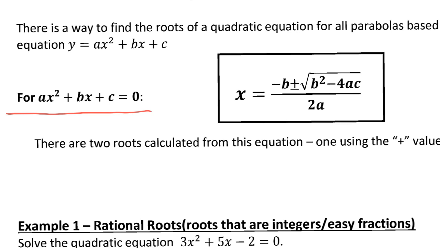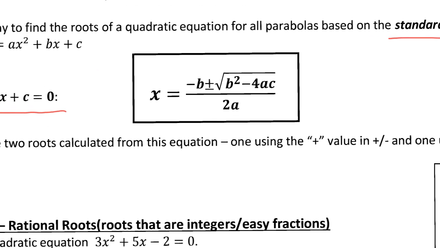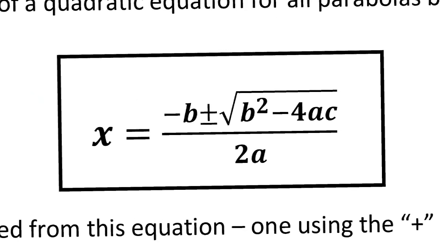And this represents the most important equation that you'll learn in mathematics, because sometimes you forget how to factor. Sometimes you can't find two numbers that multiply to something and add to something. This is how you go about solving it.